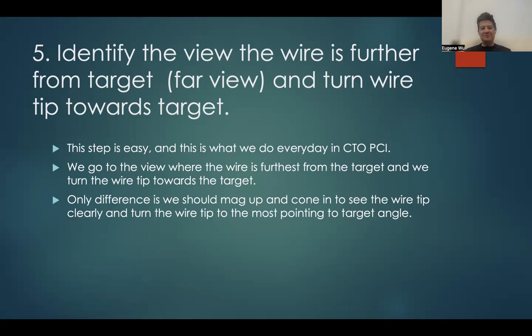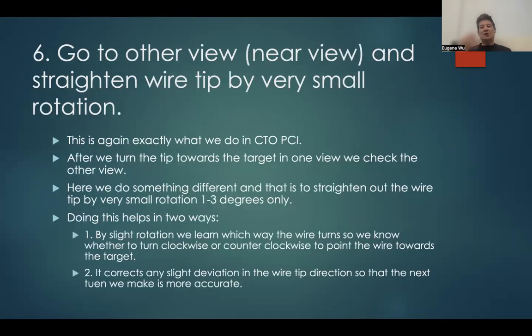That will be best. Number 6, go to the other view, the near view, and straighten the wire tip by very small rotation. Now, this is again what we do usually. After we turn the wire towards the target, we check the other view. But we don't straighten the wire tip, and it's important to straighten the wire tip. To straighten the wire tip, only turn 1 to 3 degrees, no more than 5 degrees at most. By doing this, we have 2 advantages.